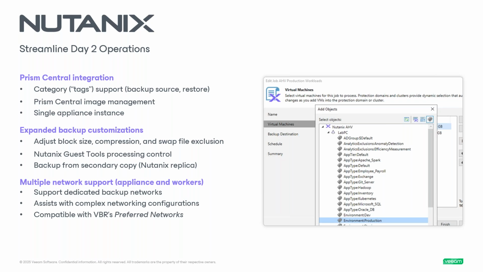Previously, we could only use one specific network to back up and restore, but of course there was some contention in doing this. And in the latest version, we also assist with complex networking configuration, so you can set things like preferred networks and so forth, right?